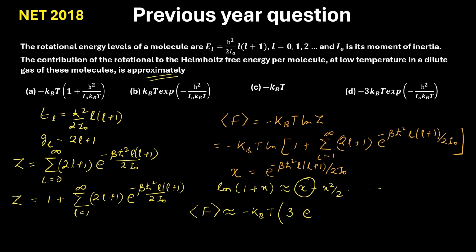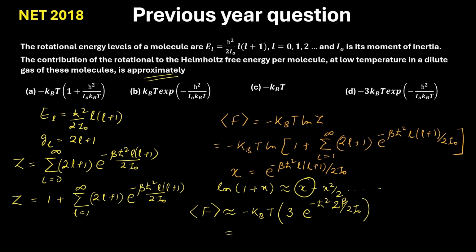Then e to the power minus h bar square. Then in place of L we can substitute what? Sorry, in place of L we can substitute 1. So it will be 2 divided by 2I naught, with beta here.